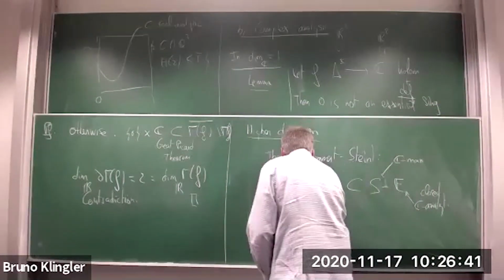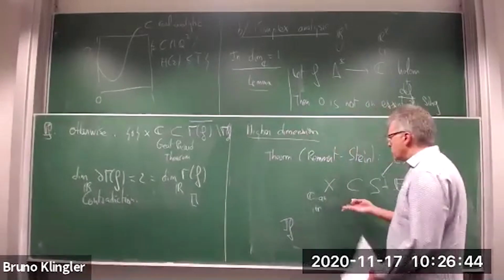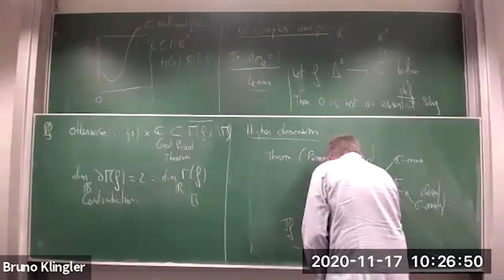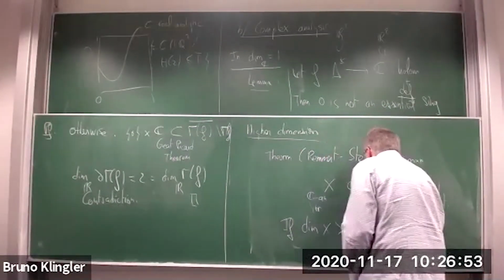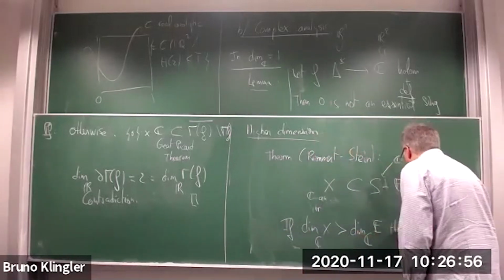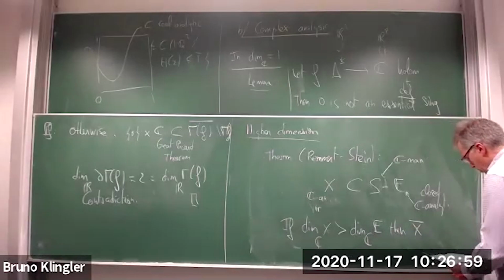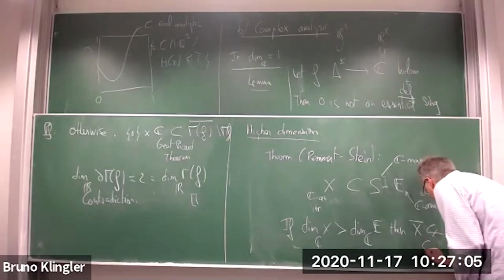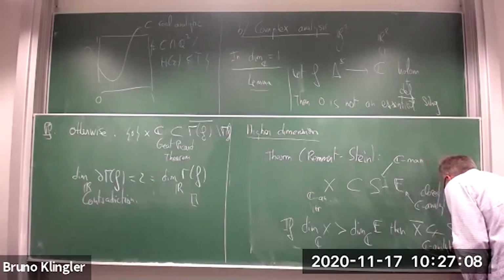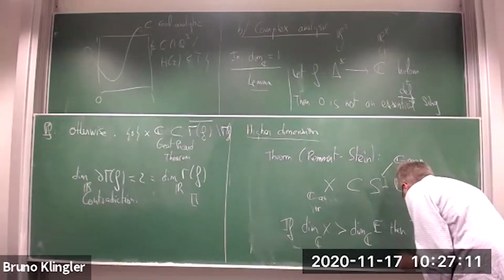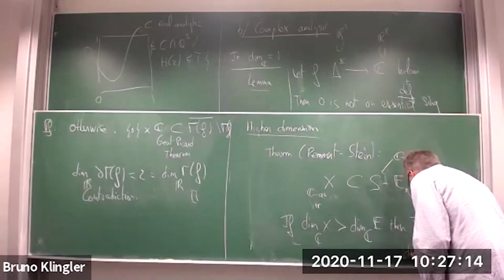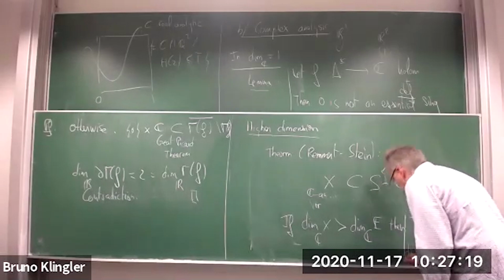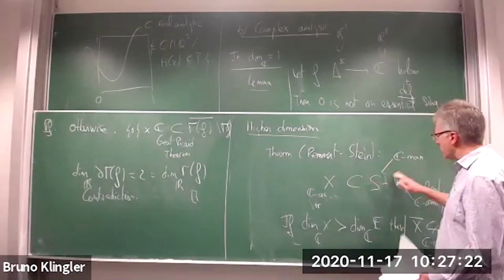But then this theorem tells you that under some tameness assumption, and this tameness assumption here is just that the dimension of X is strictly smaller than the dimension of the set that you have removed, then the closure of X, the topological closure, is a closed analytic subset of S, of the right dimension, with dimension of the closure being the dimension of X. So you can extend X through the singularities.